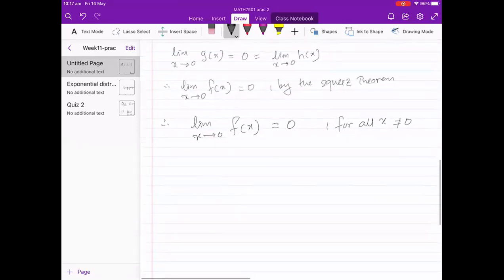That's the third part. The fourth part is you are asked to find the sum of the series over n equals 1 of e to the power pi n. How would you approach this question?